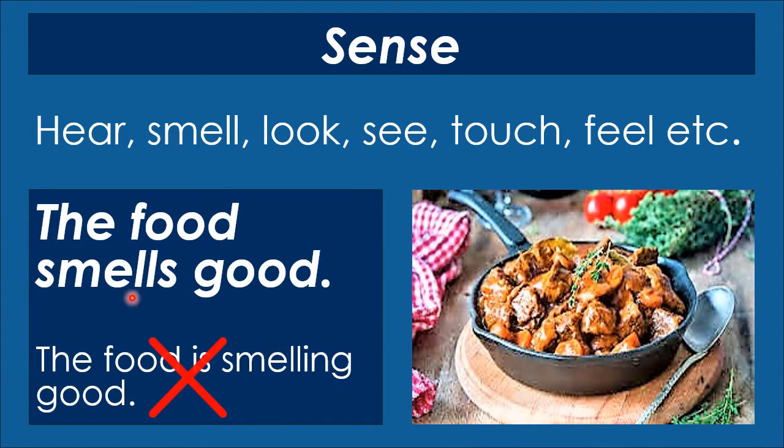The food smells good, but not the food is smelling good, because you cannot use smell in continuous form. You can use the state verbs in any other tenses except continuous form.